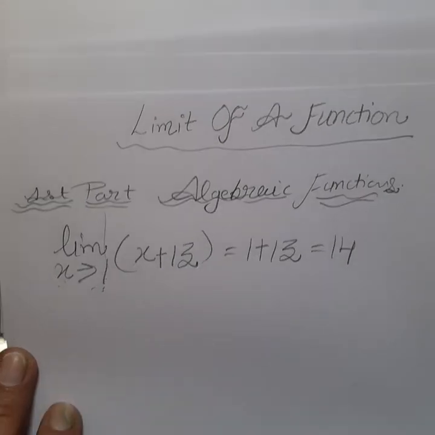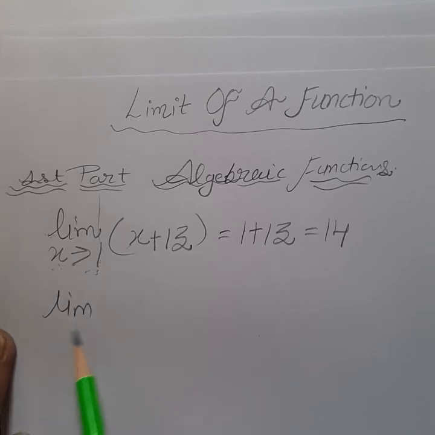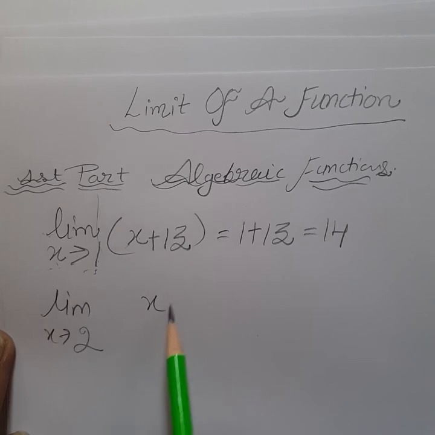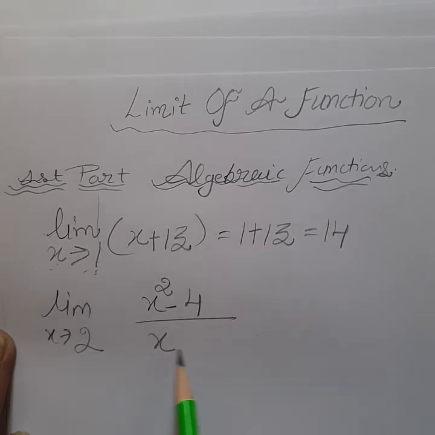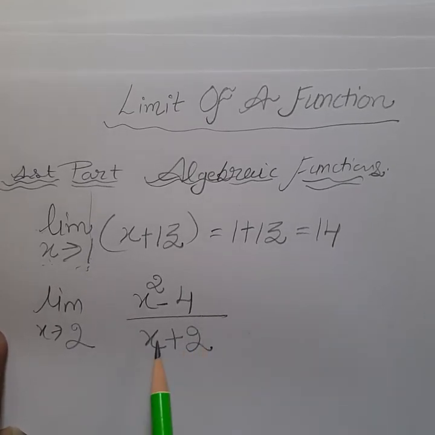Okay, and suppose that we have the function limit x tends to 2 of x square minus 4 upon x minus 2. Suppose we have any type of function.